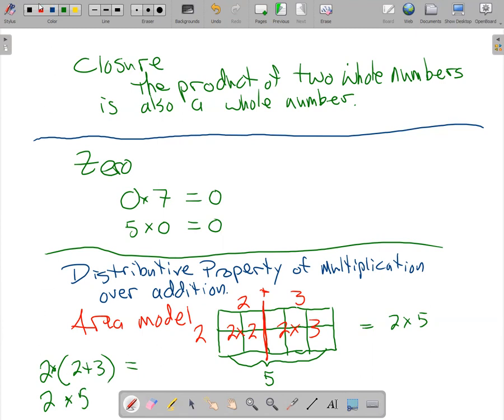Or, we have this idea about distributing the multiplication over the addition sign, we could view it as 2 times 2 plus 2 times 3. Either way, I can get 10. So the distributive property is a consequence of what multiplication means. You could say it's a consequence of being repeated addition, or you could say it's a consequence of an area or an array of things.